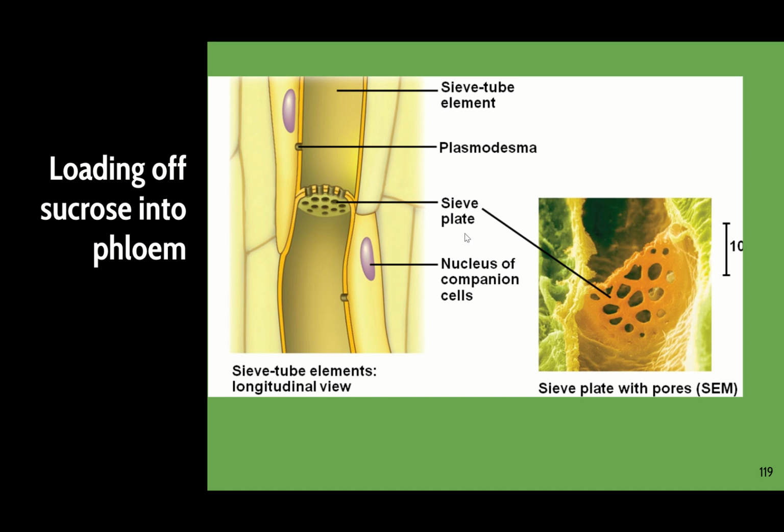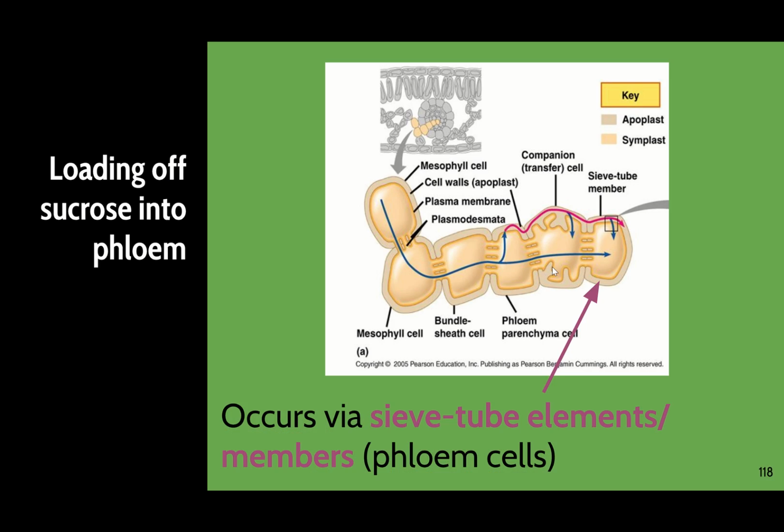So what they end up having is a companion cell. And this companion cell is going to make up for those functions that the sieve tube member does not have. So that's this companion cell right here. This is the sieve tube member, and this is the companion or the transfer cell.